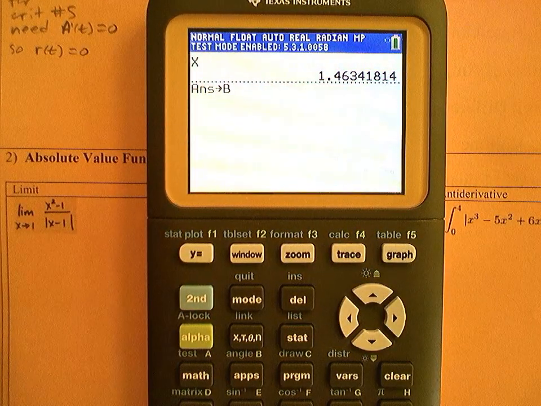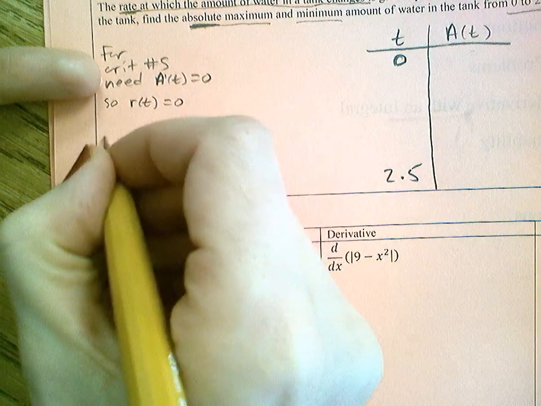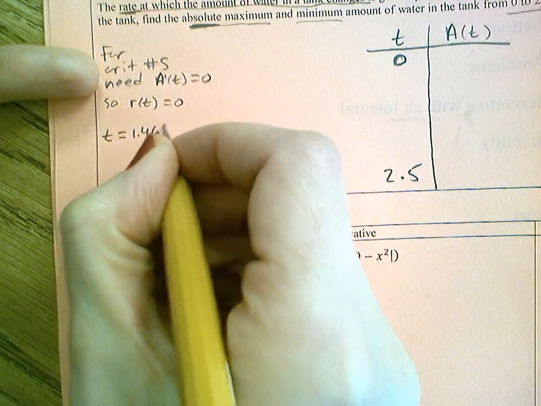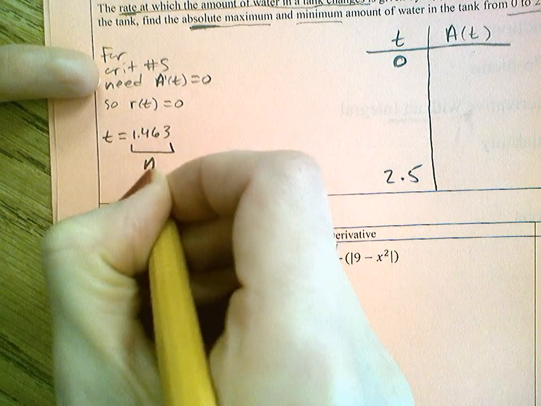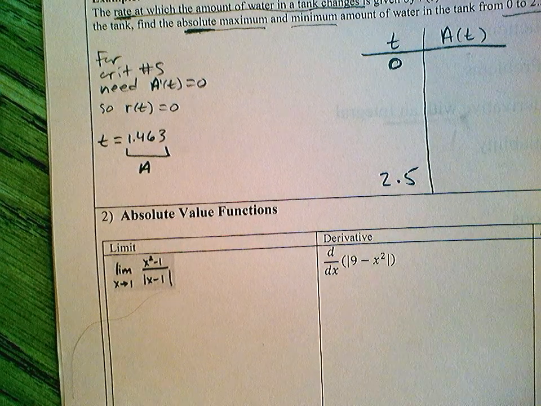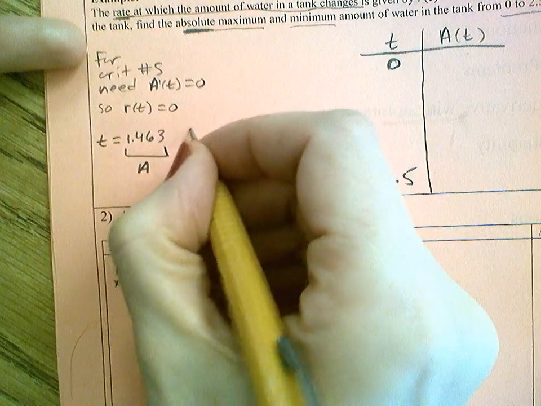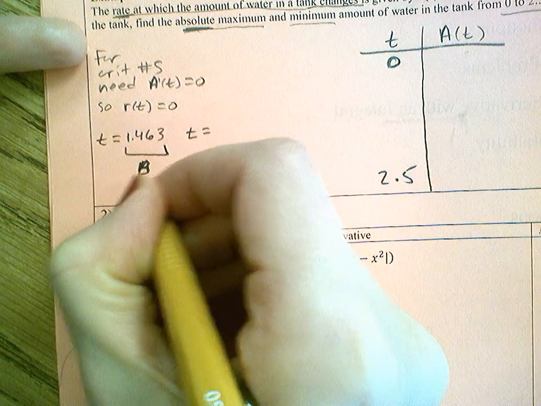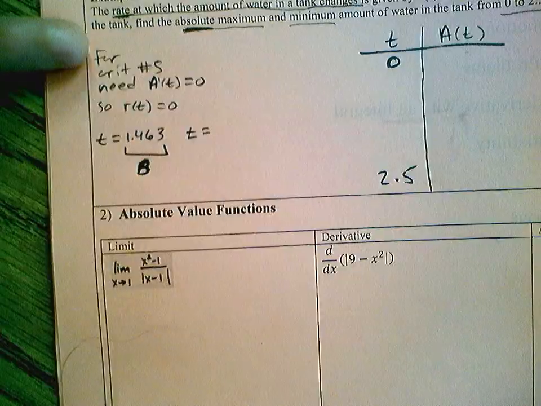I'll store as B. All right, so T equals 1.463, and then just going like this and saying B, our reader should understand that that is stored as B.